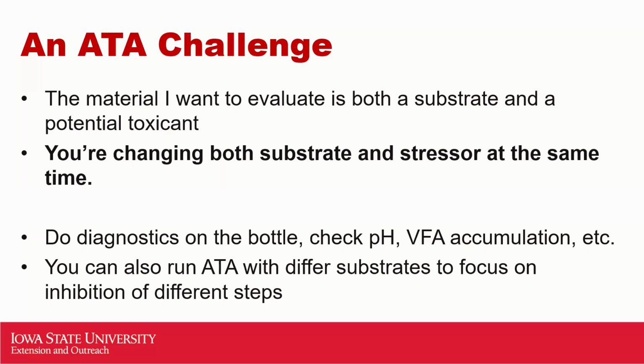And since it's not a highly buffered system, I didn't throw that alkalinity in. Sometimes what you're doing, rather than seeing something that's toxic, is souring your digester. You're making VFAs more rapidly than your microbial community can process them into methane. I wouldn't necessarily call that a toxicant. It's just somewhere where you have to think about how you are going to manage this digester to make sure that those stay in balance.